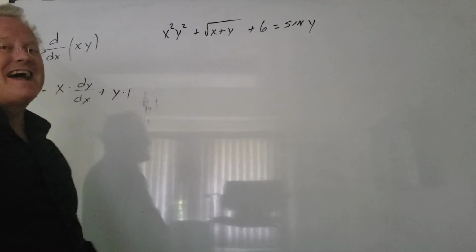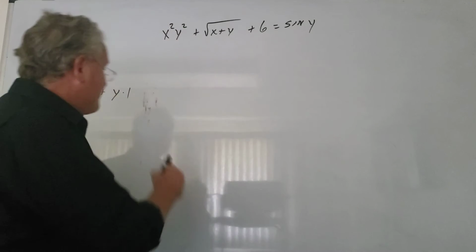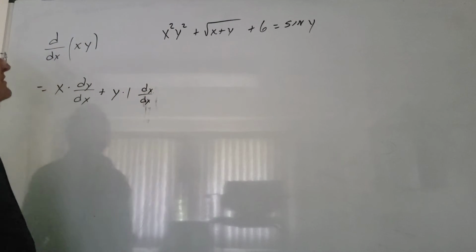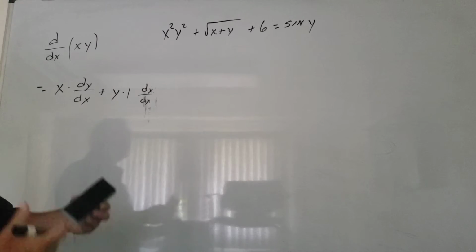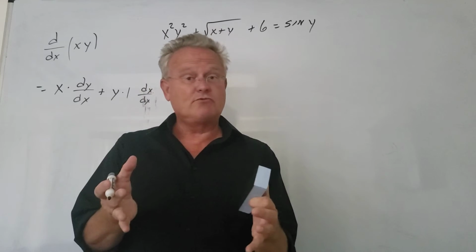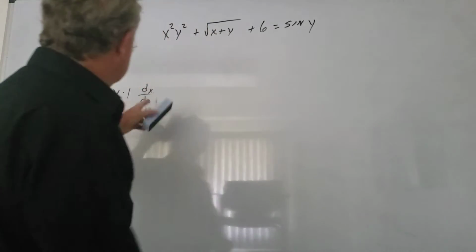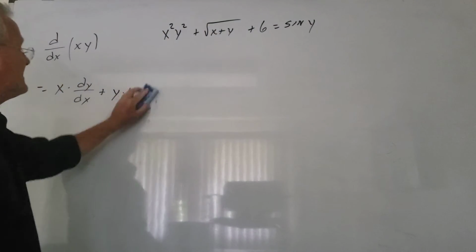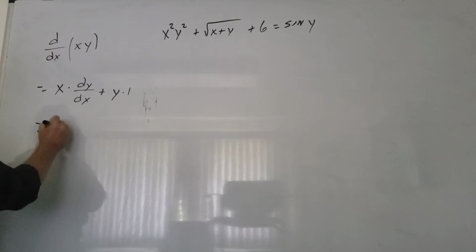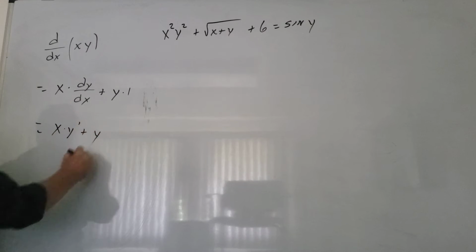Technically, it's 1 times the derivative of x with respect to x, the chain rule, but this is just 1. So when we're taking derivatives of functions that only have x in them, with respect to x, we don't usually tack that on, but it is there. So the derivative of this function we could write as xy' plus y.